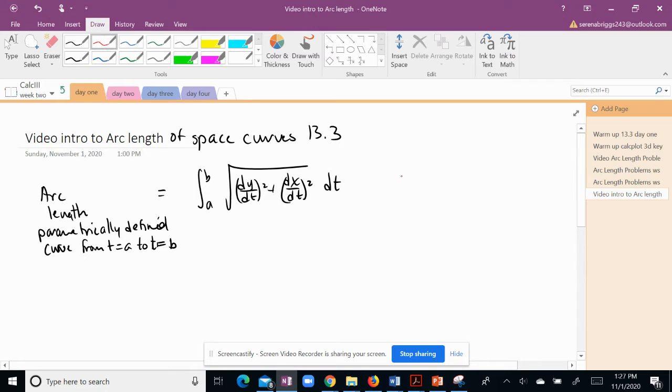Or maybe what you remember is arc length of a function in terms of x is this, where x is equal to a and x is equal to b. And both of these things are connected to one another.